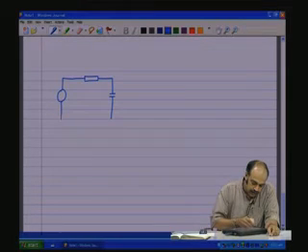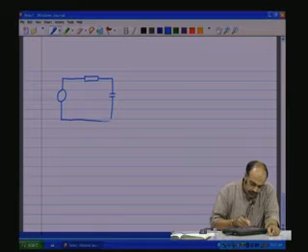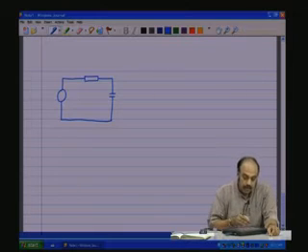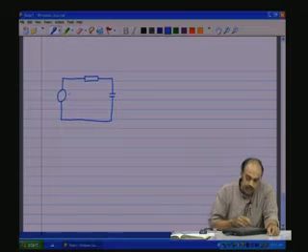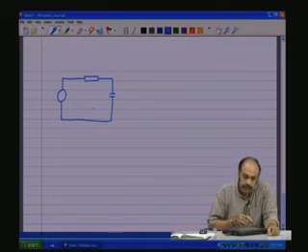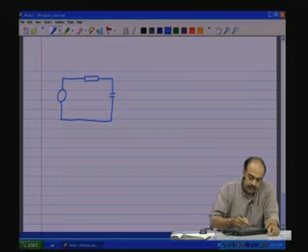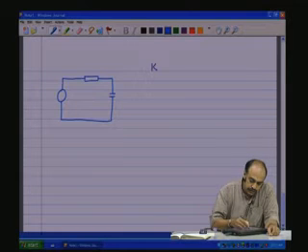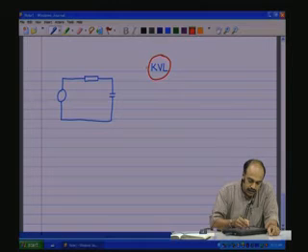All these are connected in series, all these share the same current, and they are all in a loop, and therefore this is a voltage junction. And if it is a voltage junction, what should agree? The KVL should be obeyed. The Kirchhoff's voltage law should be obeyed for this loop.